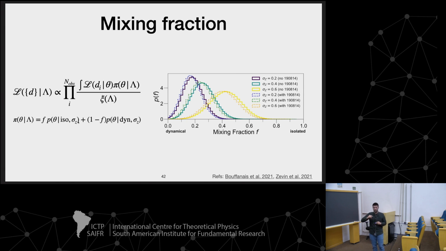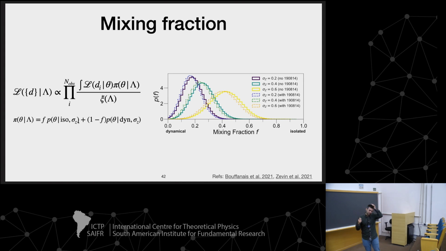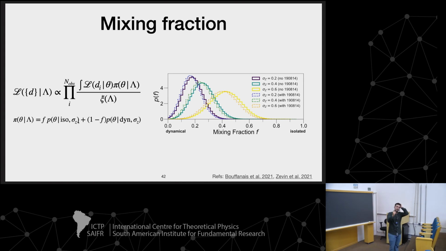Then they separate black holes forming through the common envelope and through mass transfer, because they also try to find the mixing fraction of sub-formation channels of the isolated formation channel. The take-home message of that paper is that there is no one dominant formation channel. So you cannot explain all gravitational waves with just one formation channel.